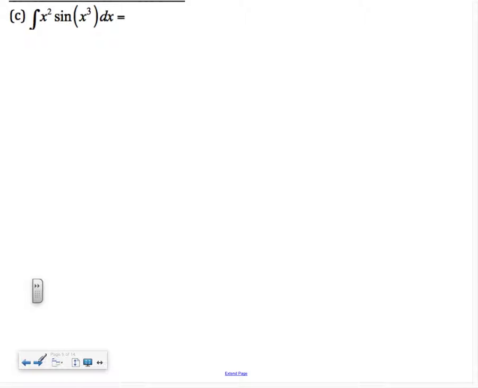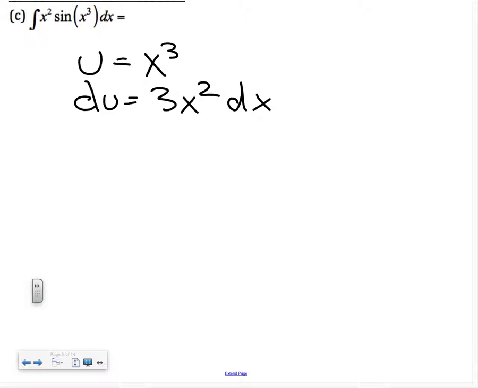All right, this next one would be substitution. What am I going to let my u be? Of course, it's going to be the thing on the inside. So u is x cubed. So du would be 3x squared dx. So I'm missing a 3, so I need a 1/3 out front. So I'm going to put a 3 in there and a 1/3. So what I have is 1/3 the integral of sine u du.